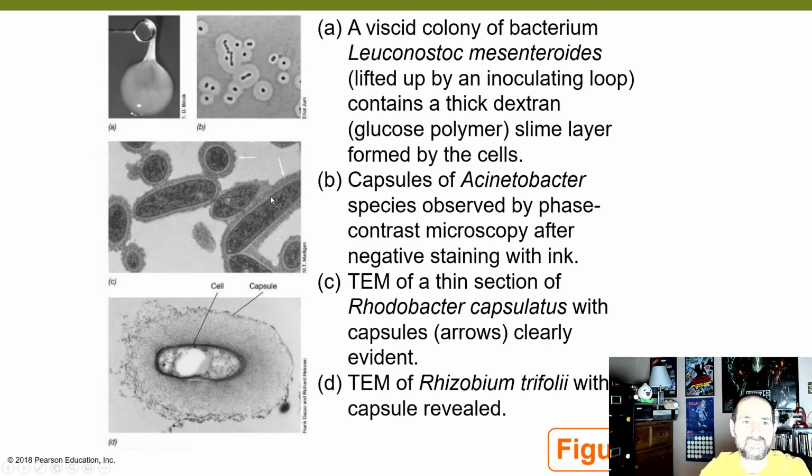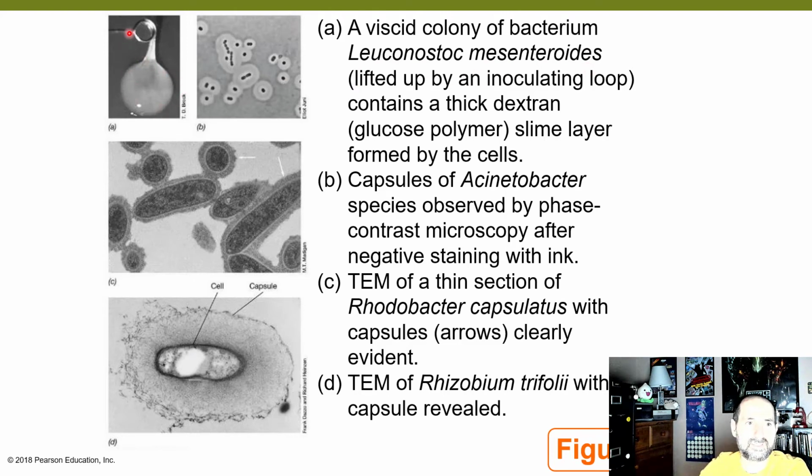So you can see here, there's some figures A, B, C, and D. In A, you're looking at a bacterium that's known for having this slime layer. This is Leuconostoc mesenteroides. This is a colony on a plate.